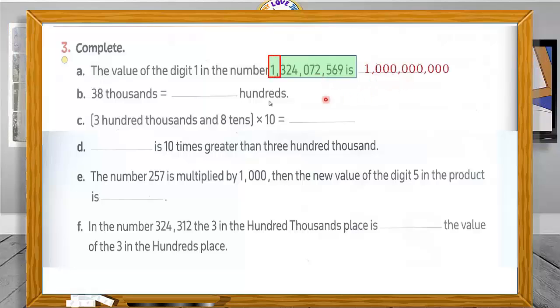So right here, 1 milliard. Next one, 38,000 equals how many hundreds? We said thousands, 3 zeros, hundreds means 2 zeros. 38,000, if you cut 2 zeros, you have 380. 380 hundreds.